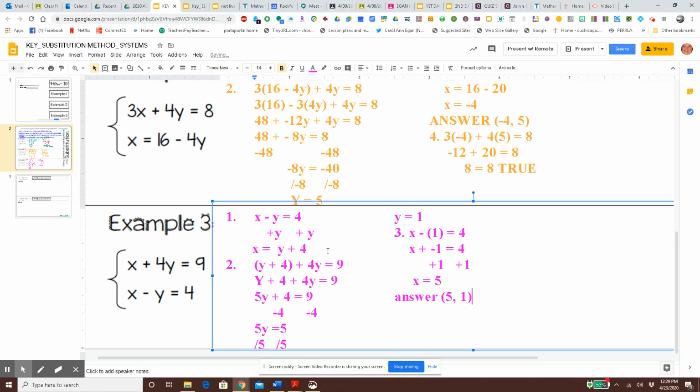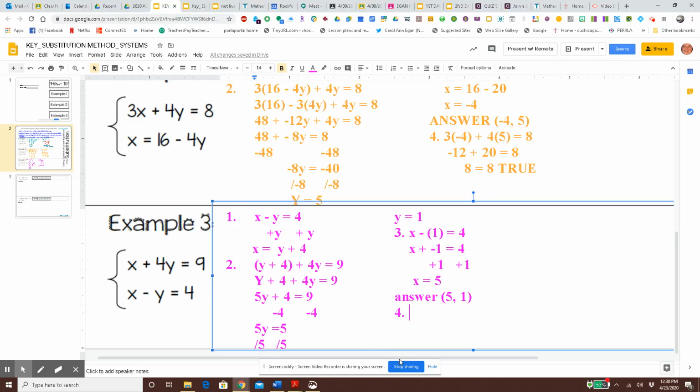I'm going to check my work and use the equation that I didn't use in step 3. In step 3, I used the equation x minus y equals 4. That's one of the original equations. So I'm going to take my answer and substitute it into the equation I didn't use.